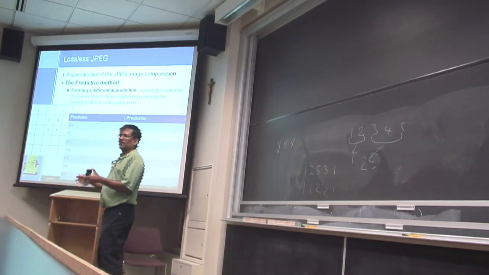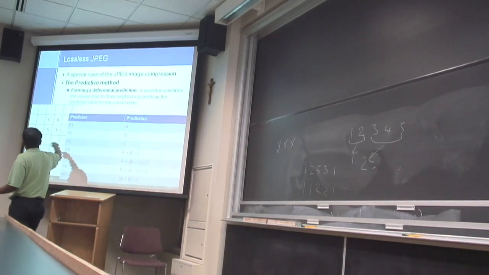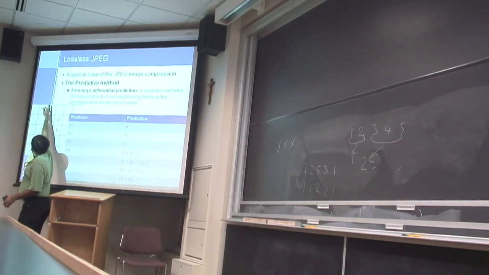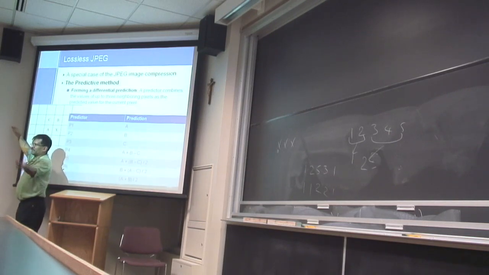For obvious reasons, there are different predictors. For example, if this happens to be the first column, you cannot use predictor 1, because predictor 1 uses something on the left, and there's nothing on the left.